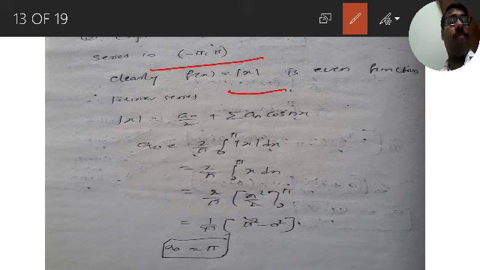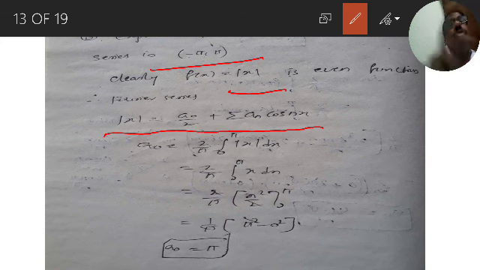Now, what is the Fourier series for an even function? The Fourier series for the even function mod x is equal to a naught by 2 plus sigma a n into cos nx, as it is an even function on the interval minus pi to plus pi.